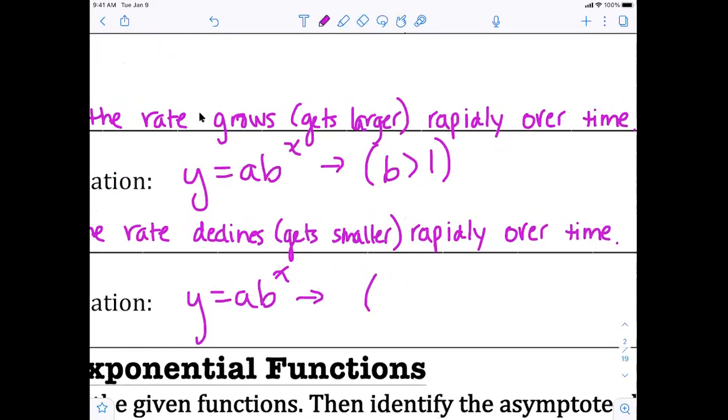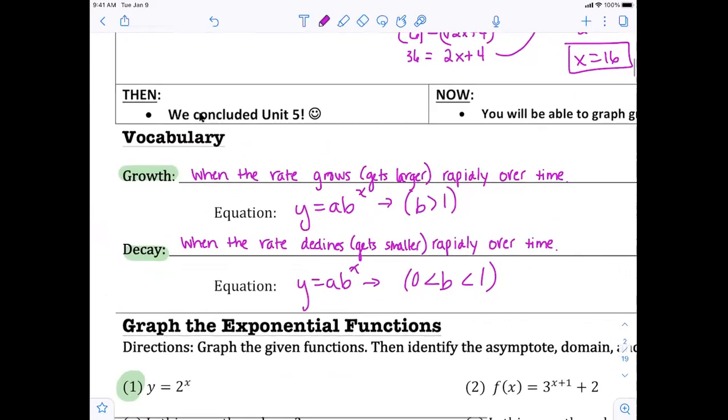And that's what happens with decay. For decay, we're not going to go negative with B, so it's still going to be greater than 0, but we're going to say it's between 0 and 1. So some sort of fraction: 1/2, 1/3, 2/5, 7/9, something along those lines. That's how you know when a function would be decay versus growth.